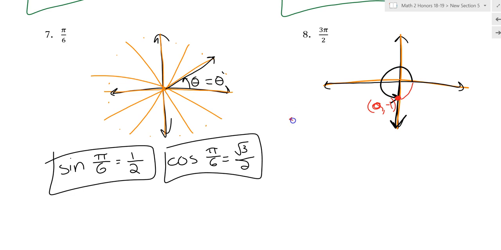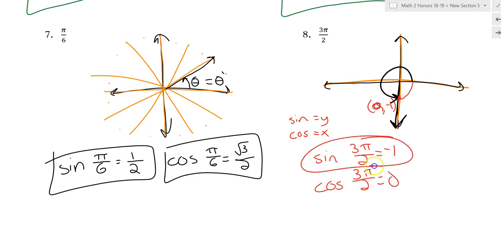And again, sine is y, cosine equals x. Right? So the sine of 3 pi over 2 is our y value. The cosine of 3 pi over 2 is our x value. All right, and that is it.